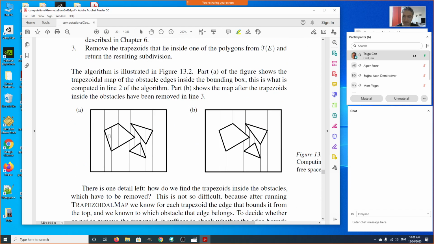So this is our trapezoidal map for the workspace and configuration space that you have seen. And if you look at this, certain trapezoids are actually irrelevant. We are not interested in the trapezoids that are within the obstacles, because our point robot is never going to go inside the obstacles. So we delete the trapezoids that are within obstacles.